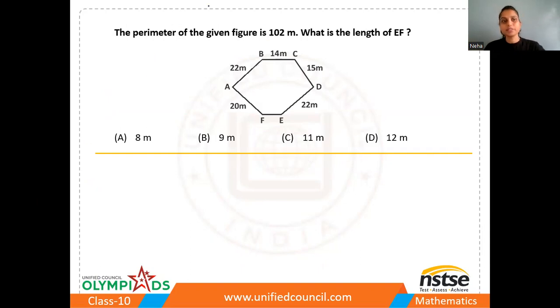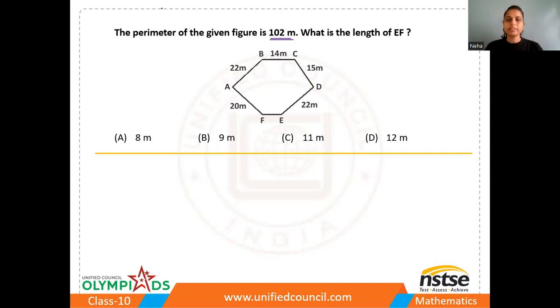So here is the next question. The perimeter of the given figure is 102 meters. What is the length of EF? Basically, the first thing that comes to my mind when I read the question is: what is perimeter? Perimeter is the sum of the lengths of all the sides of the outer boundary.